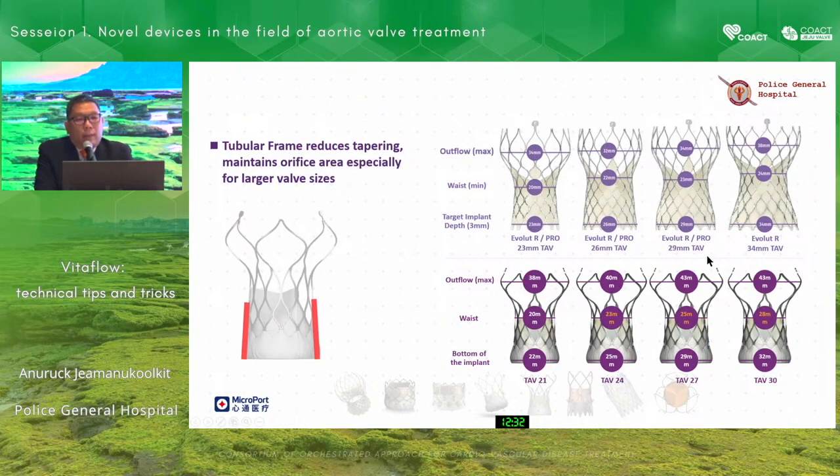Another benefit of the Vital Flow is that the EOA of the valve is a little bit bigger than the Evolut from the market. Like the biggest one, the Vital Flow 30, has an EOA of about 28 millimeter, when compared with the Evolut 34, which has 24 millimeter.